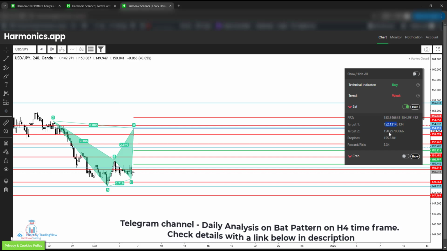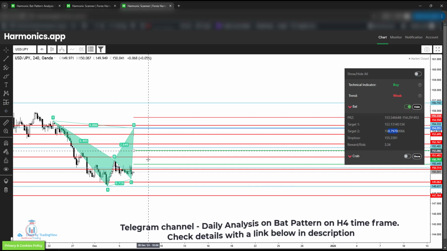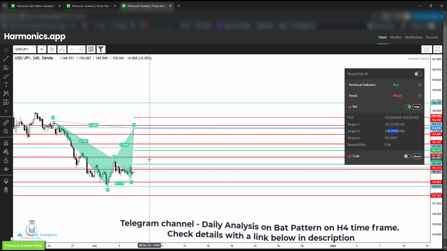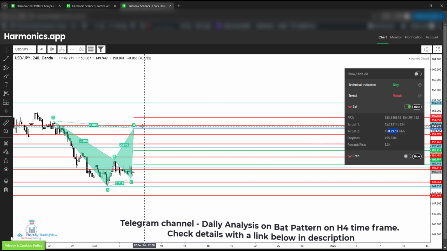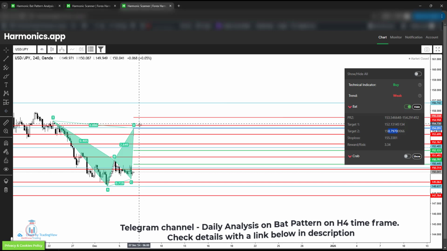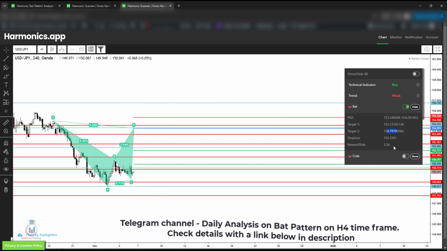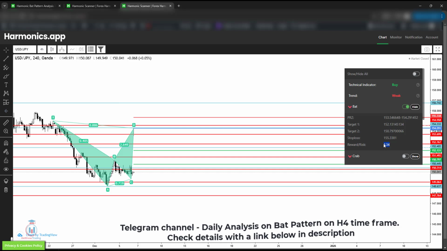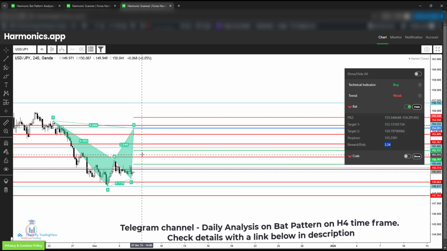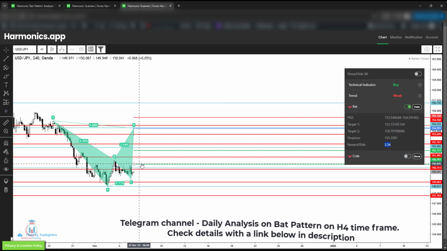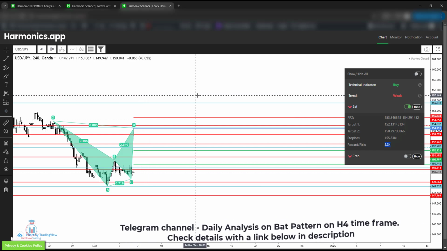Then you have target 1, target 2. These are the green lines. First one is the first target, second is the second target, and you have a red line, a stop loss, which is just above this area or potential reversal zone. Then you also have a risk to reward ratio. This is the ratio from the entry level to the stop loss compared to the entry level to the second take profit.